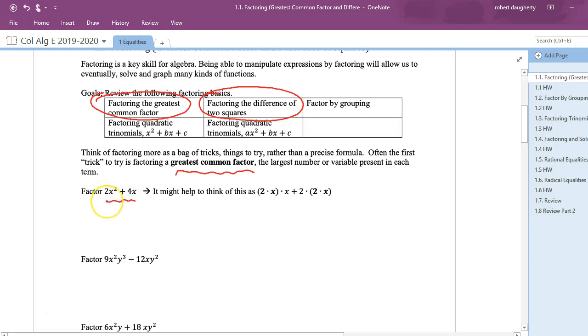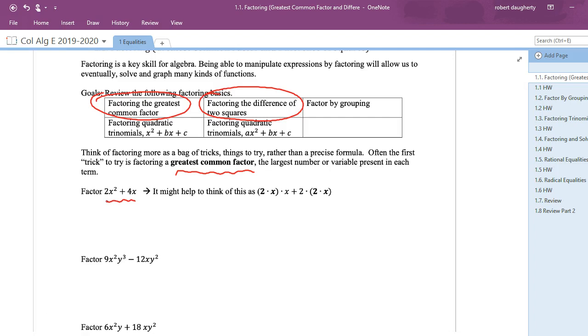Okay, so if I've got 2x squared plus 4x, if I want to factor it, I want to find out what is in common to both of these. I've got two things going on here. I have numbers and I have variables. So I've got x and I've got the numbers. So let's break them up. What are the numbers that you see here? 2 and 4. Okay. What do both of those numbers have in common? 2.